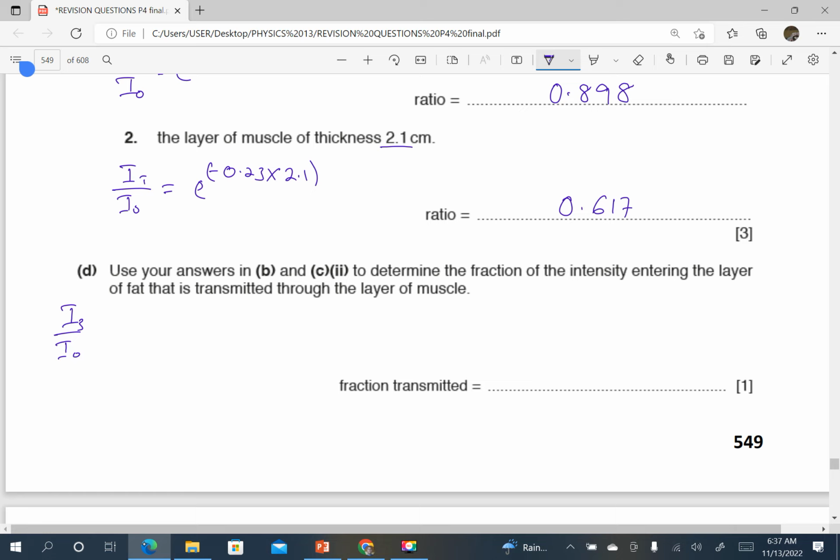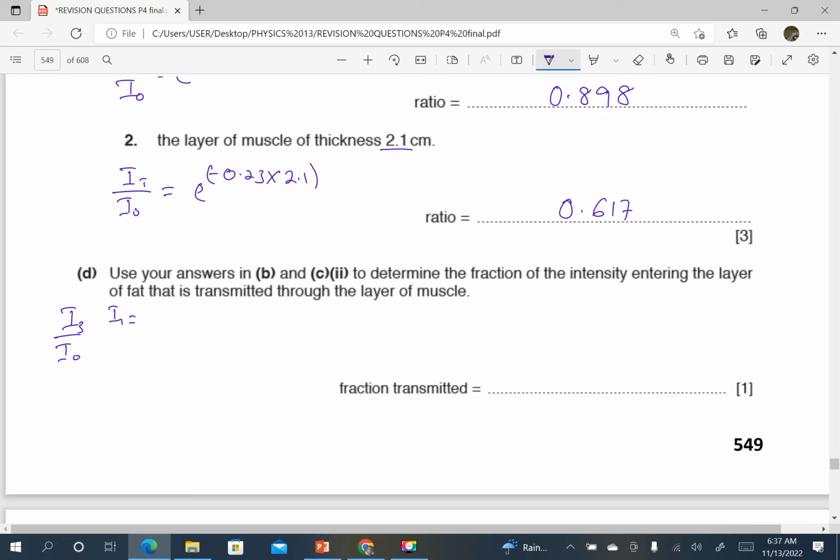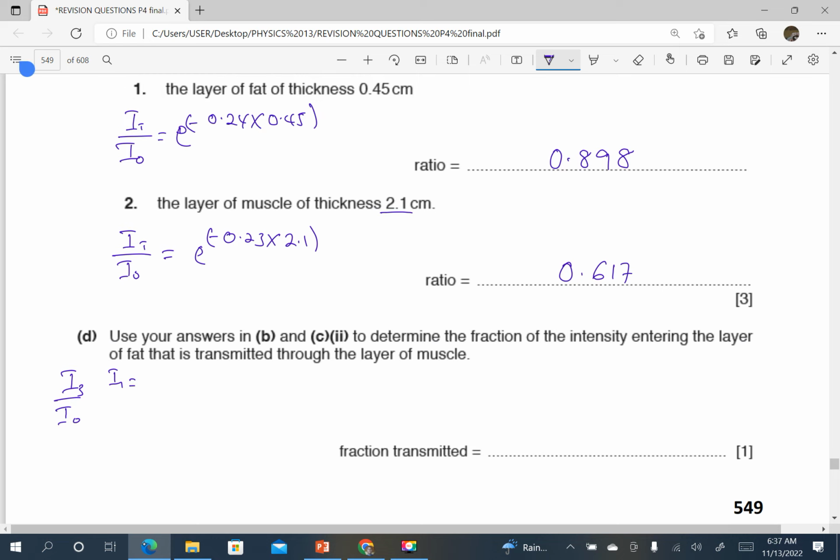Note, from the diagram we saw that the intensity transmitted through the fat, we called it I1. I1 is actually, this is I1 because intensity transmitted through fat is I1 as compared to I naught.